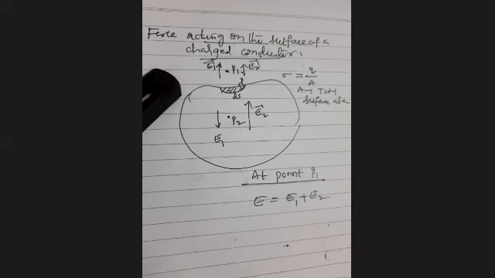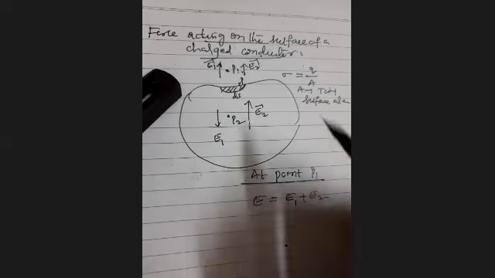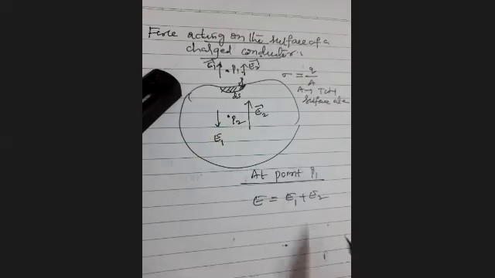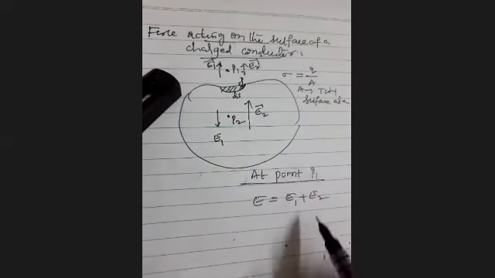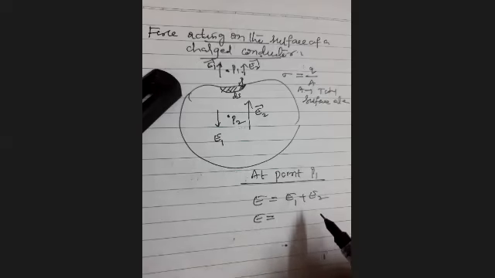Since E1, E2 are in the same direction, we are adding the field due to the small area element and the field due to the remaining part of the conductor. E is equal to E1 plus E2, but that should be equal to, according to the previous derivation, sigma by epsilon naught, equation 1.